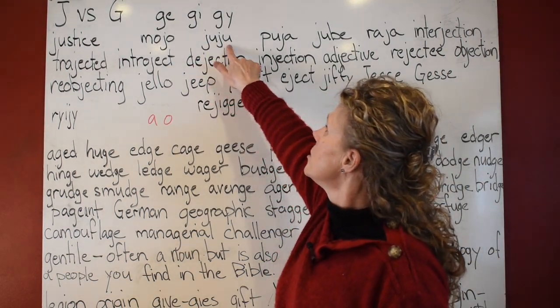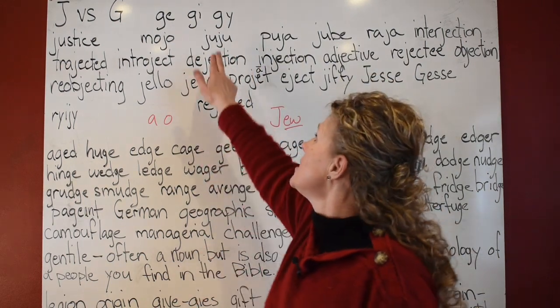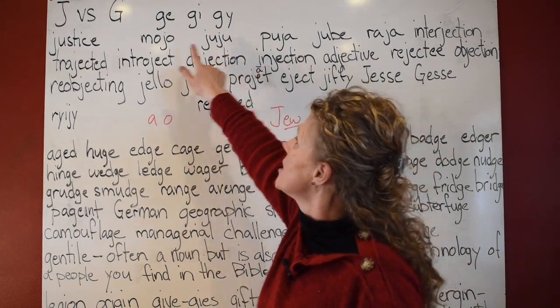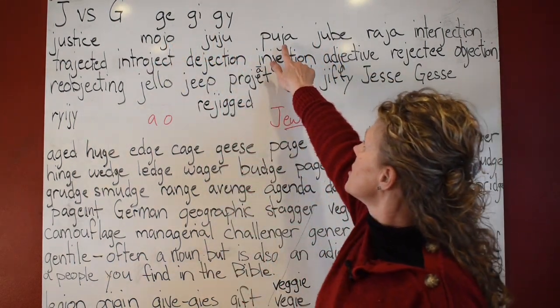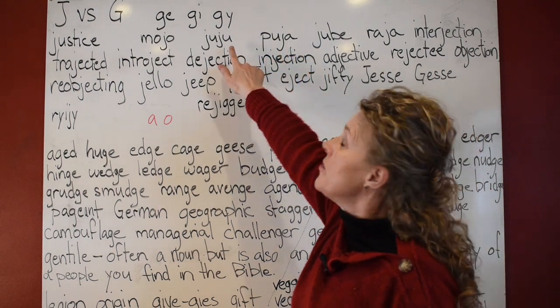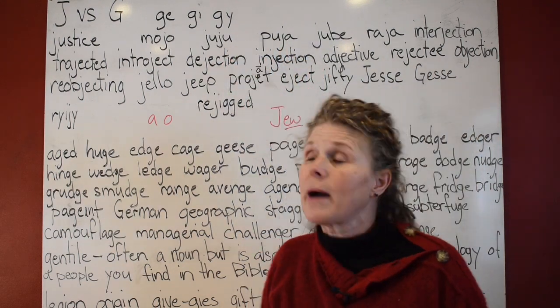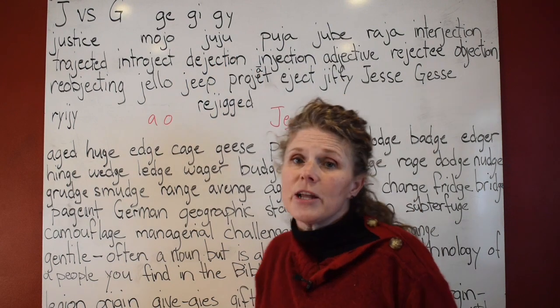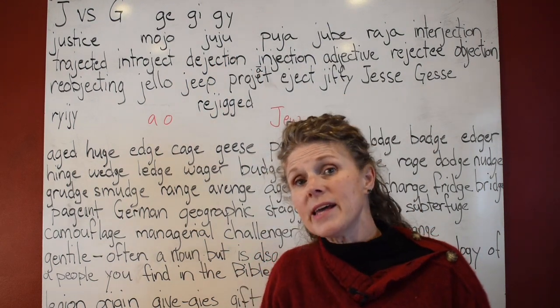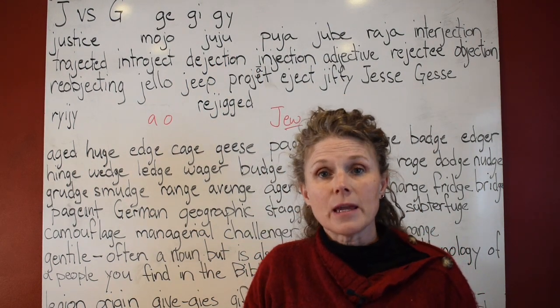But Jew, Jew. And you could tell that this doesn't even come from our language, and that's where some of these words where the J is in this area, this is not coming from our language. And we know that because it has a U at the end. And U's do not go at the end if it's in the English language.